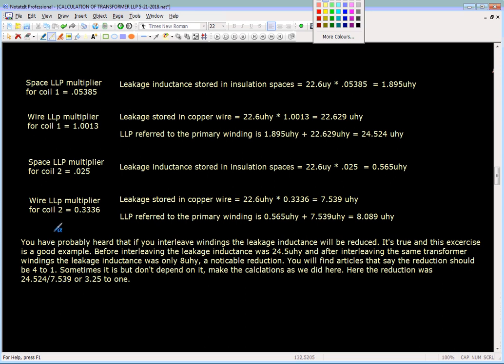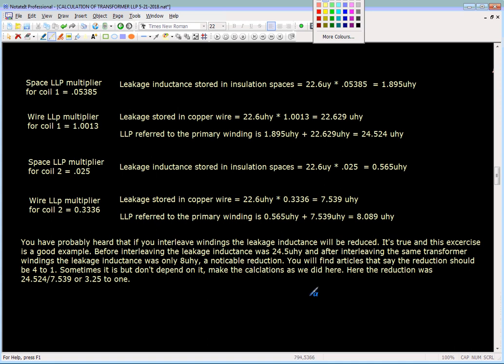And what we're saying here is, you have probably heard that if you interleave windings, the leakage inductance will be reduced. That's true, of course. And this exercise is a good example. Before interleaving, the leakage inductance was 24.5, and after, the same transformer windings, the leakage inductance was only 8 microhenry. There's the ratio.